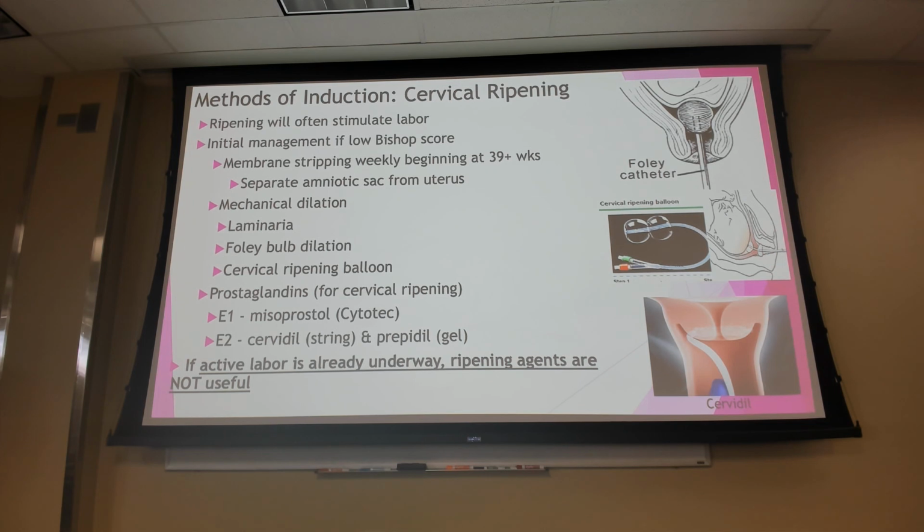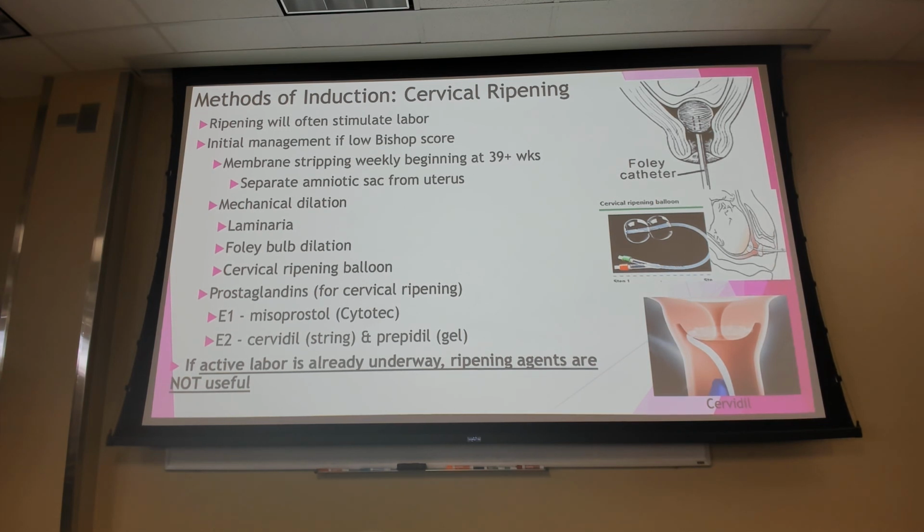We can do mechanical dilation. So for mechanical dilation, they'll take something like a Foley or a laminaria, some sort of balloon, and they'll put it into the cervix, and they'll start pushing air into that balloon, and they'll manually dilate the cervix, forcing that cervix to be open. Okay?